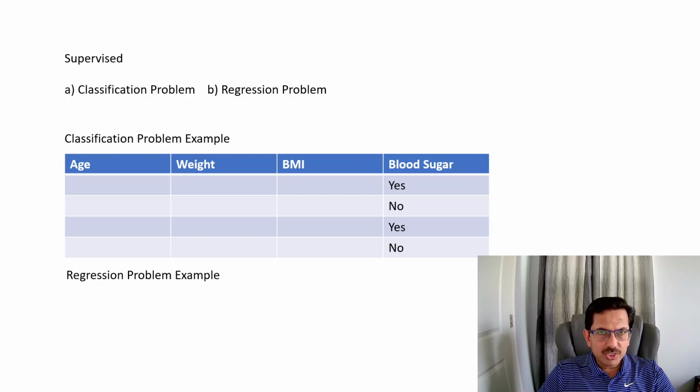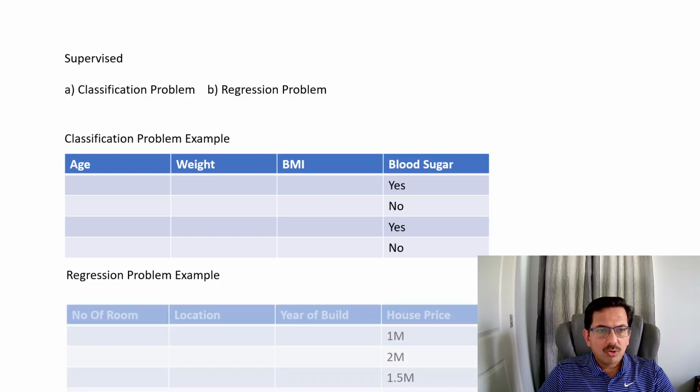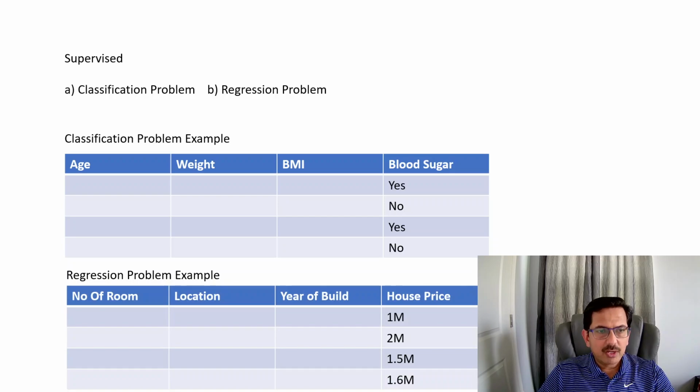For regression problem examples, we have data sets like number of rooms, location, year of build, and based on that, we plan to calculate or predict the house price. That kind of problem is a regression problem.